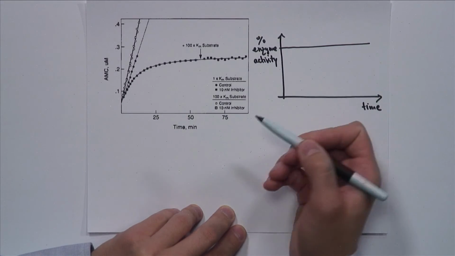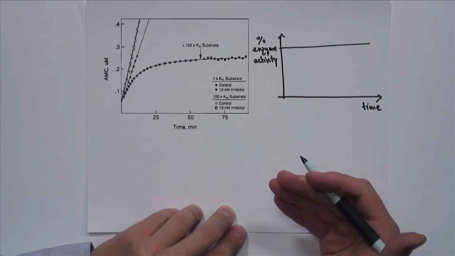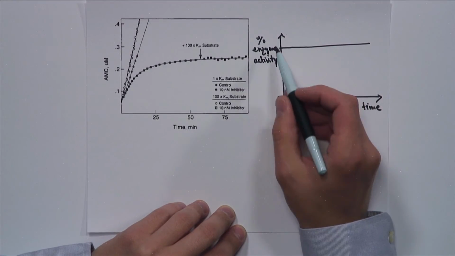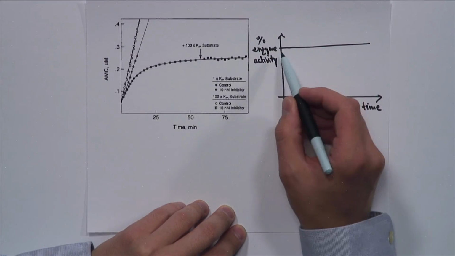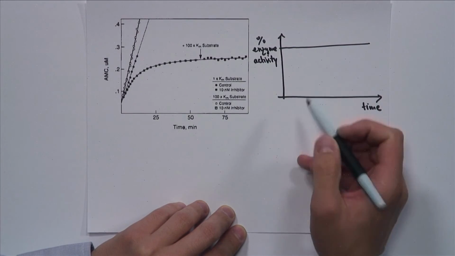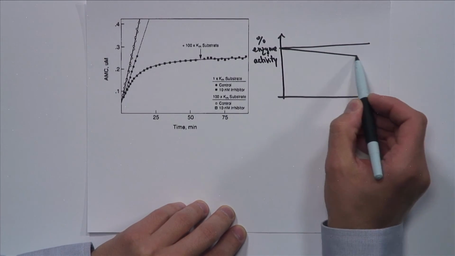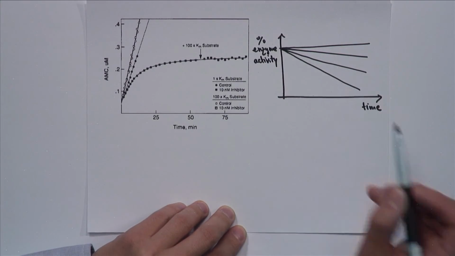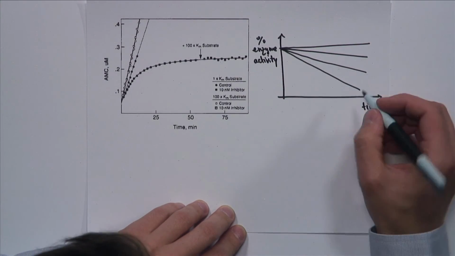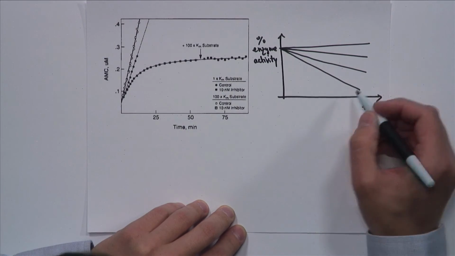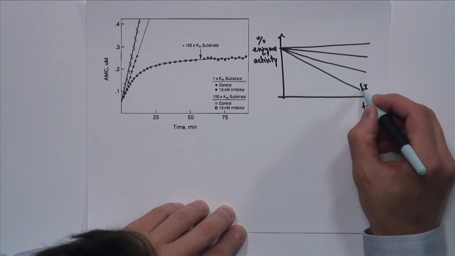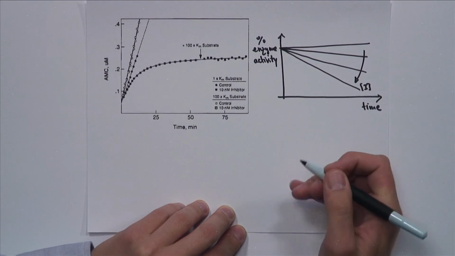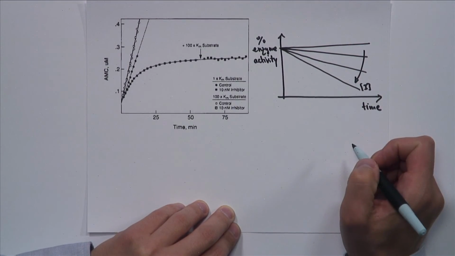However, when we add an inhibitor which shows a time-dependent inhibition, then the percentage enzyme activity that remains at every point in time will be decreasing. And in fact, will be decreasing to the point that it reaches the maximum slope for the maximum amount of inhibitor present in the reaction mixture.